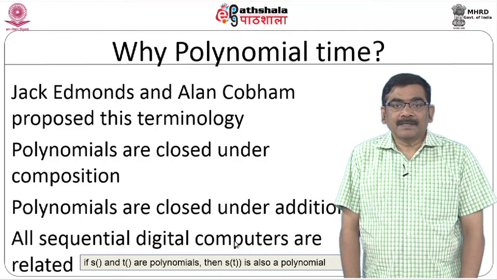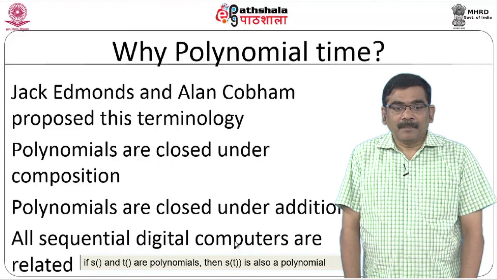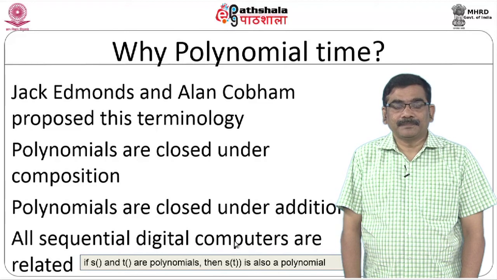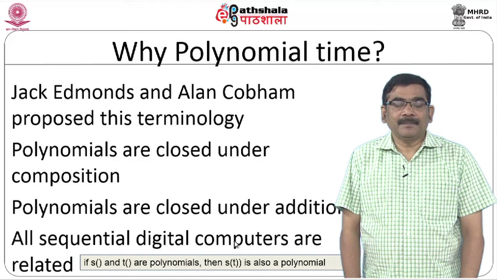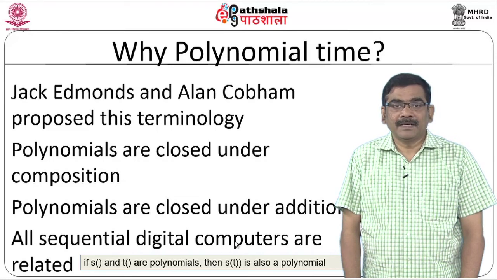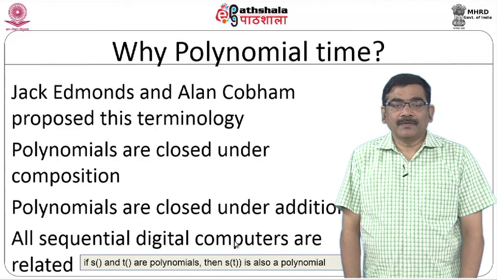What is the concept behind this? Polynomials are closed under composition. For example, if you have two algorithms A and B having complexity S of n and T of n, then we can use one algorithm as a subroutine for another algorithm in order to find an algorithm which can solve the given problem.